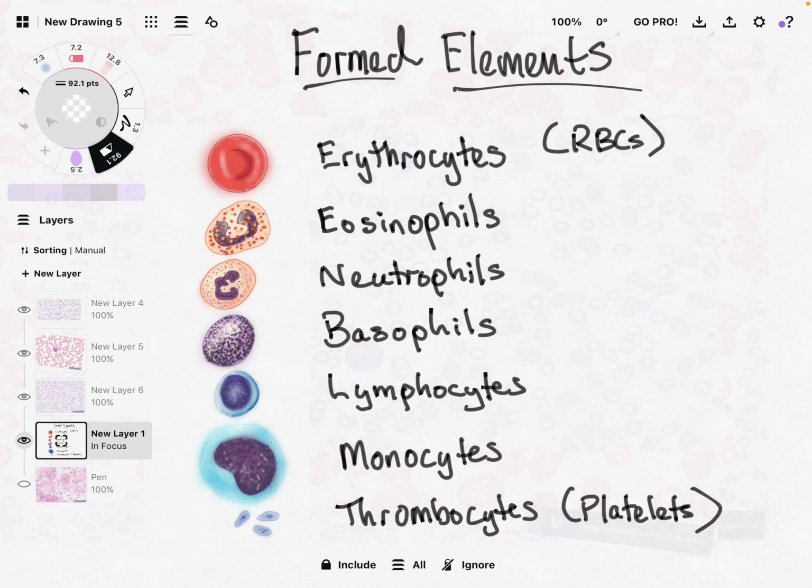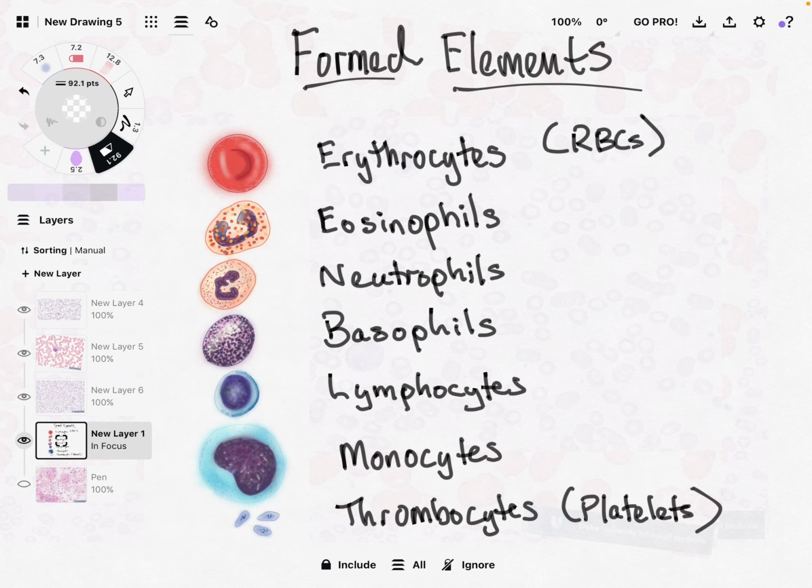Lymphocytes, I'll do a whole thing on lymphocytes because obviously lymphocytes differentiate into T cells and B cells, and that gets even more complicated, especially with T cells. But in general, B cells and T cells are our lymphocytes, okay? And there's also natural killer cells, another one to talk about at some point.